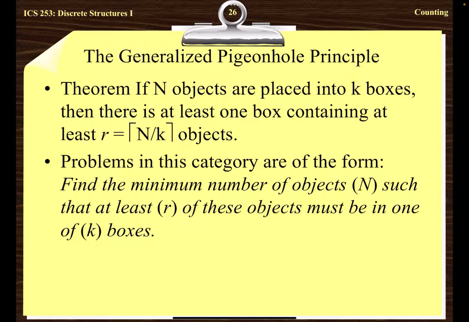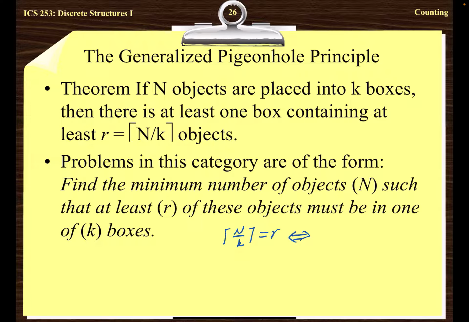So what does it mean that the ceiling of n over k equals r? What is this equivalent to? This is from chapter 2, right?